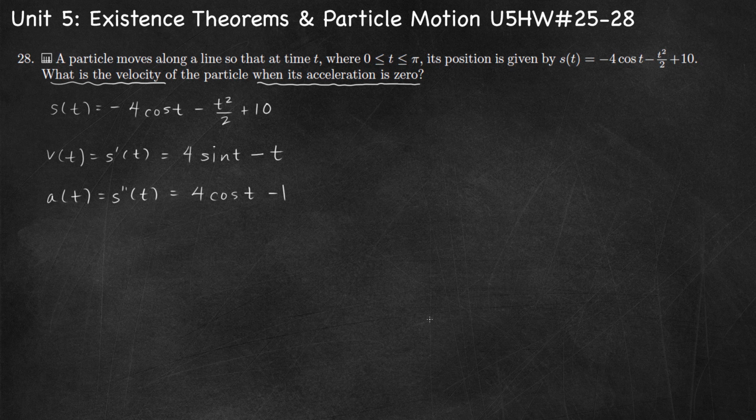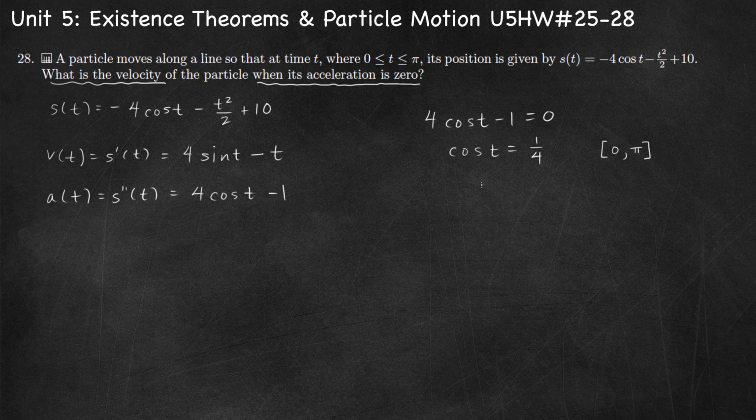When is our acceleration 0? Acceleration is 0 when 4 cosine t minus 1 equals 0. We'll add 1, divide by 4, we get cosine t equals 1 over 4. Now, when we're thinking about solutions here, we have to consider our interval. We're working on the interval from 0 to pi.